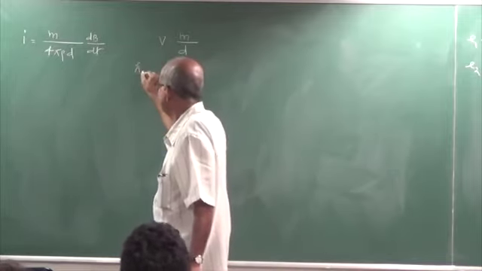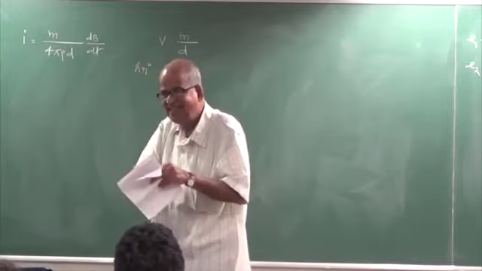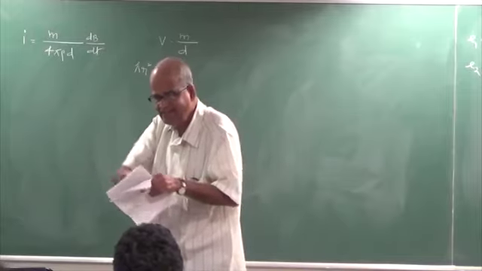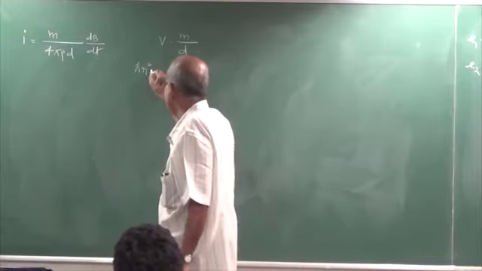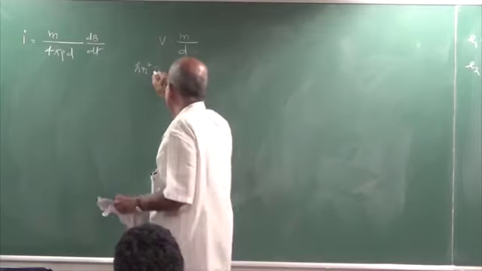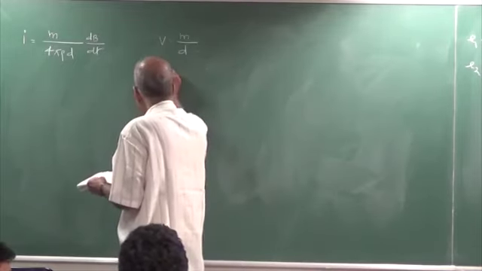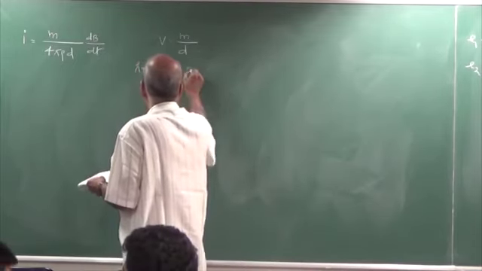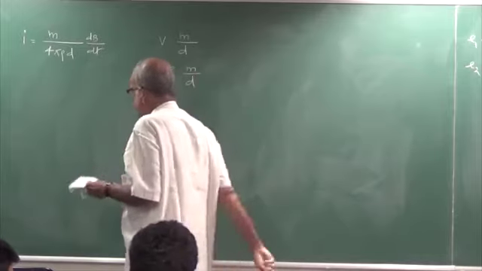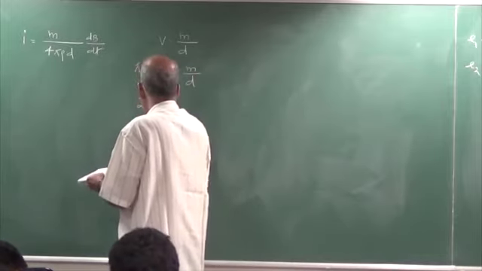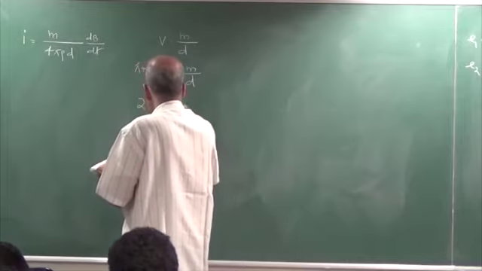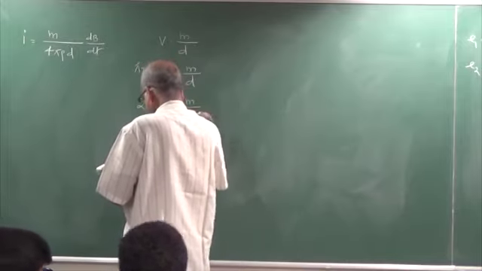Pi r squared, a thin wire is a long cylinder, no. So what is its volume? Pi r squared into 2 pi capital R. That should be equal to m by d. This is 2 pi squared r squared capital R equal to m by d.